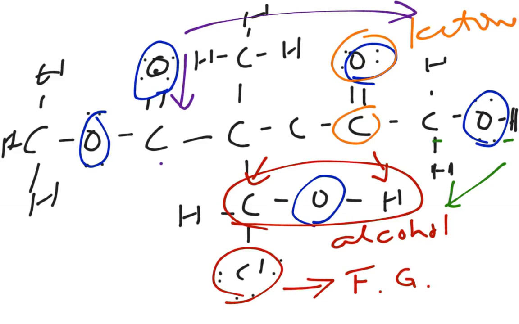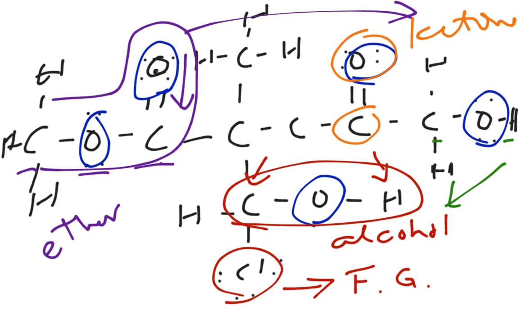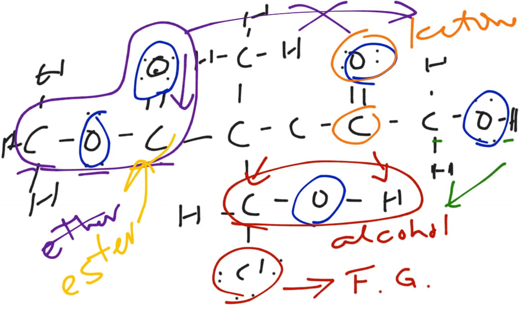We have a carbon, oxygen, carbon, so he looks kind of like an ether. But if we look at the whole thing put together, we see that it's neither of these guys. That whole thing makes up a new pattern, the ester.